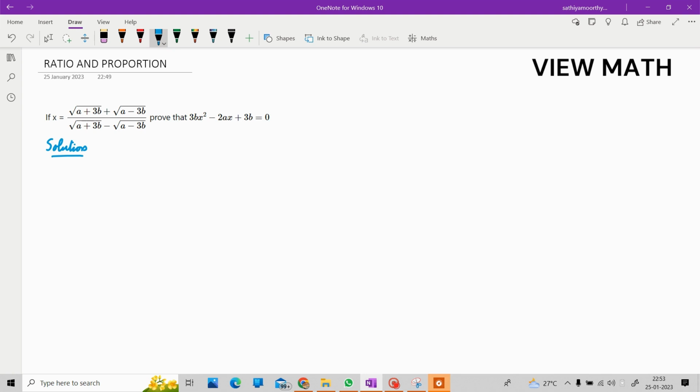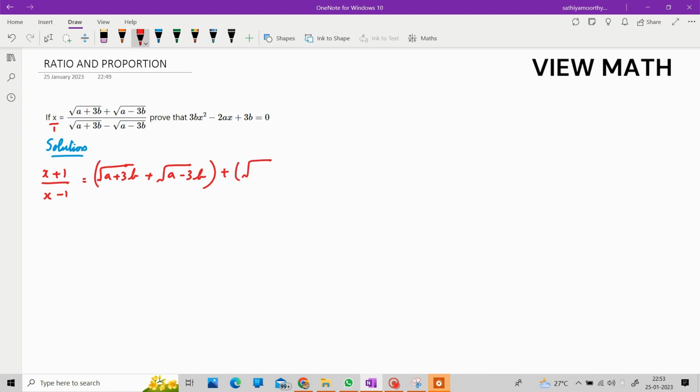So I am going to use componendo and dividendo property here. So applying componendo and dividendo property. So here it is x by 1. So I am getting x plus 1 by x minus 1 is equal to square root of a plus 3b plus square root of a minus 3b. So let me put it inside the bracket.